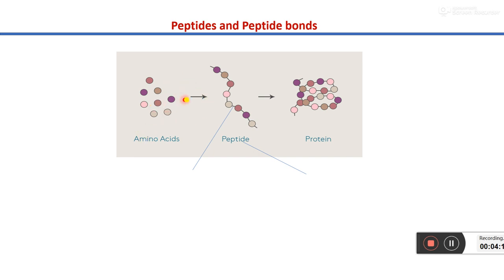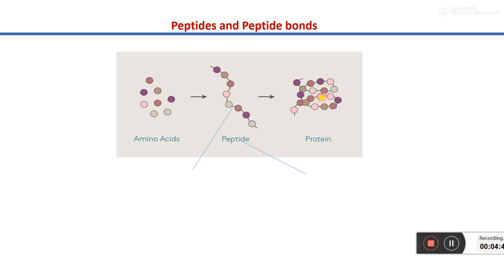In this diagram you can notice when a few amino acids bond together by a covalent bond, known as a peptide bond, it forms peptides, also known as oligopeptides. But when a very large number of amino acids join together by peptide bonds, it forms a polypeptide or protein.